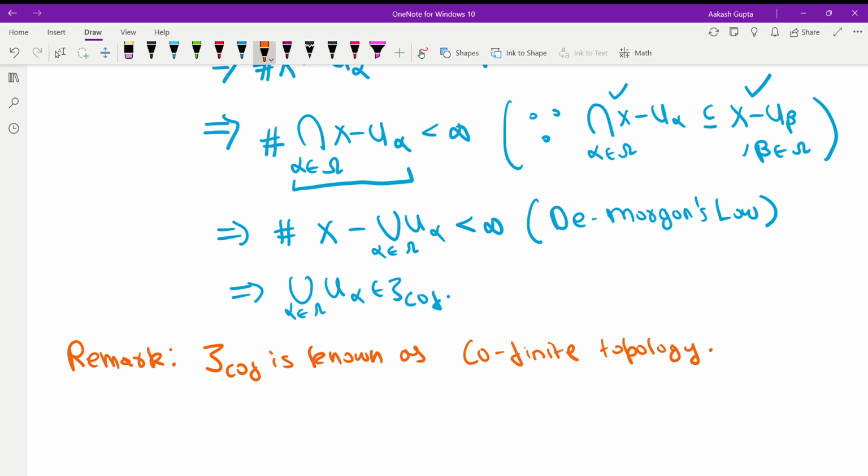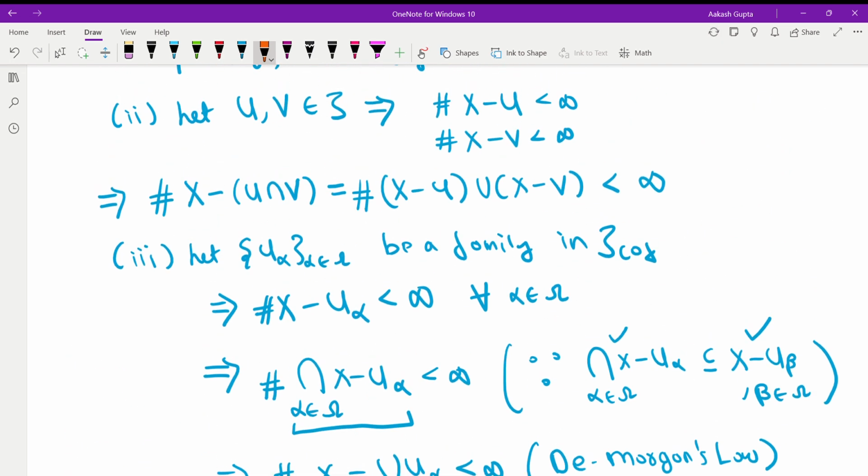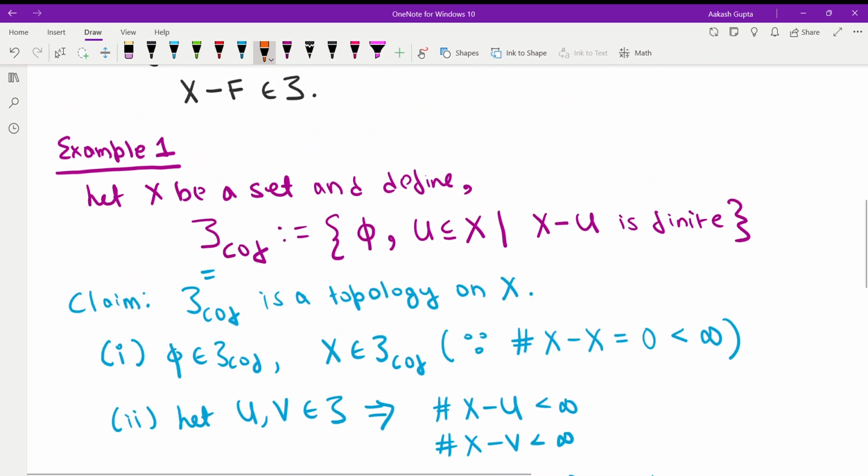CO stands for complement and F stands for finite here in the notation. Right? Now, one more thing I want to say about this. You should observe a thing here. I have taken phi already inside this tau here.